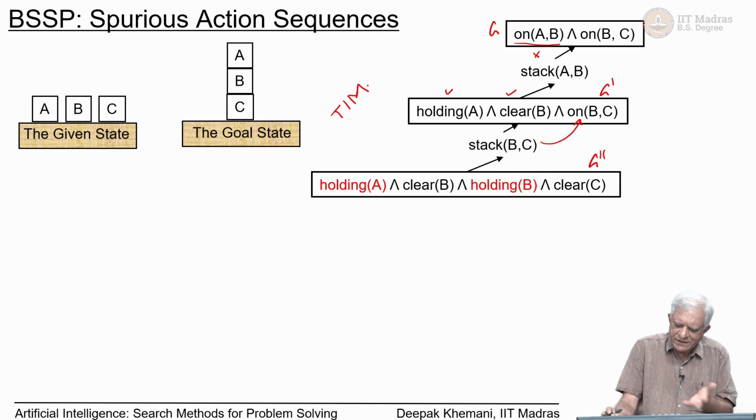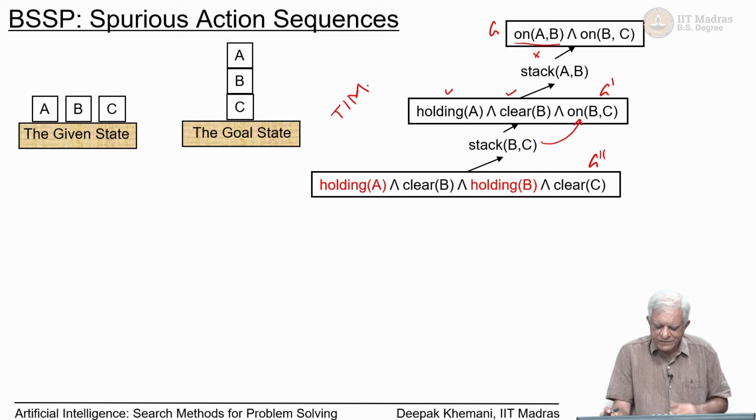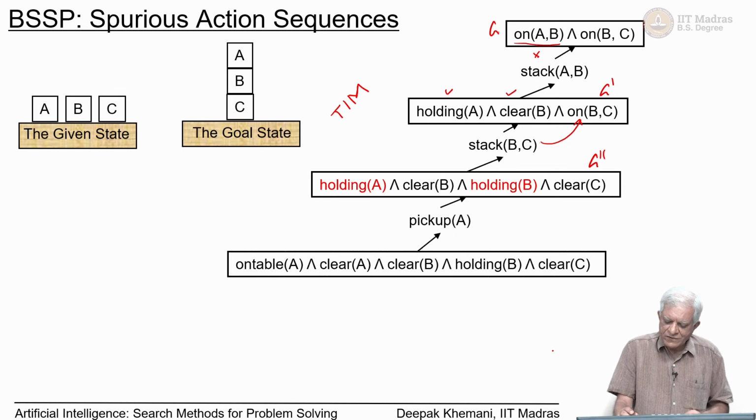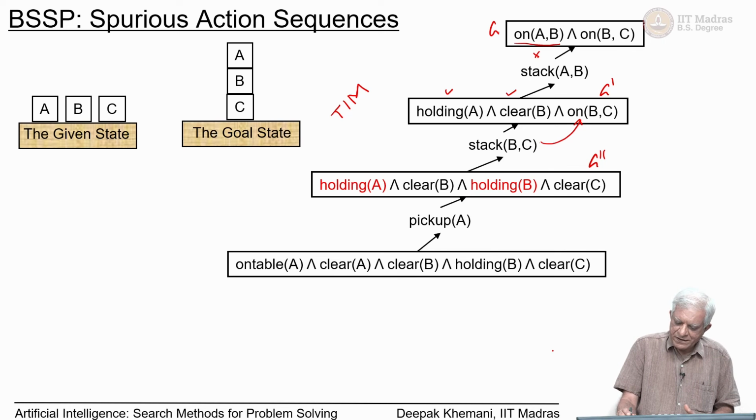But in the absence of that, we just progress with our planner, or in other words we regress to new goals. So, now we have 4 predicates in this sub goal G prime, and we choose a relevant action. What is a relevant action? Pick up A. Why is pick up A relevant?